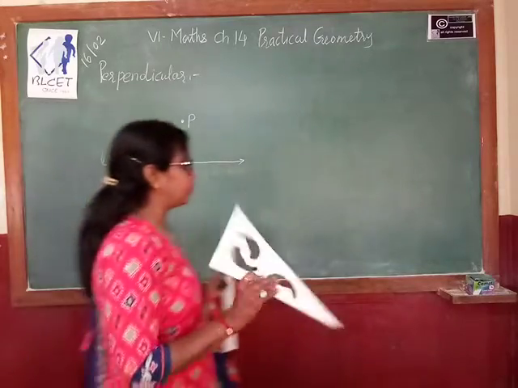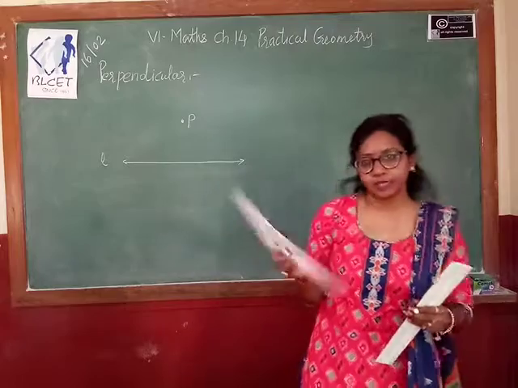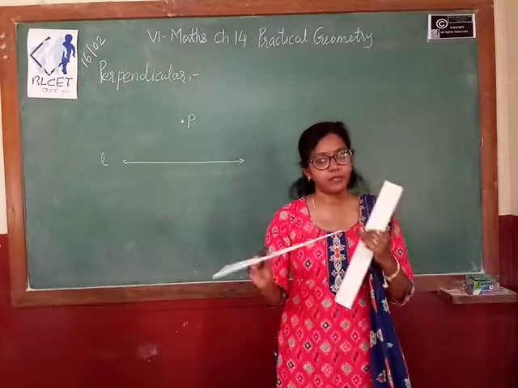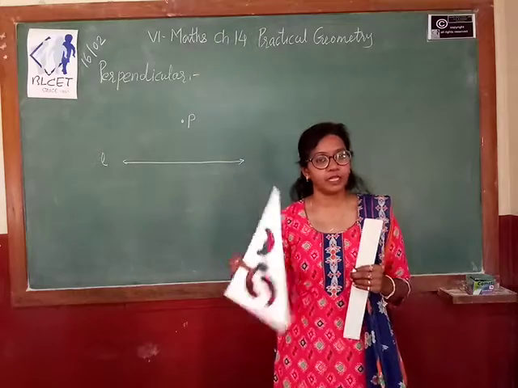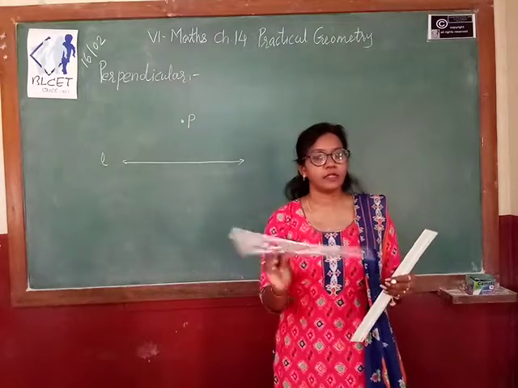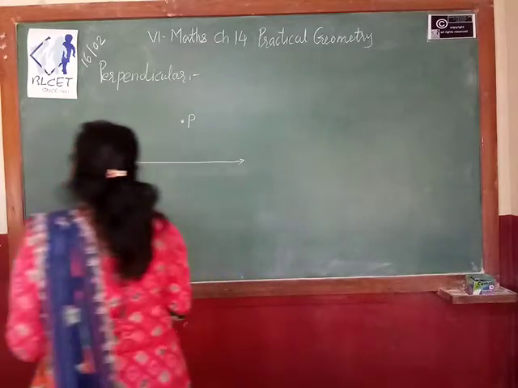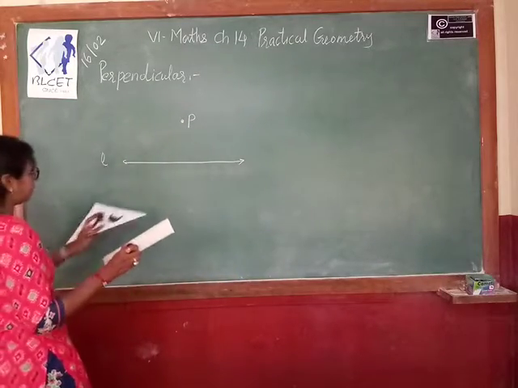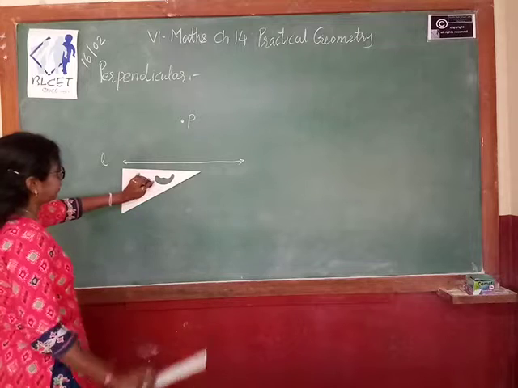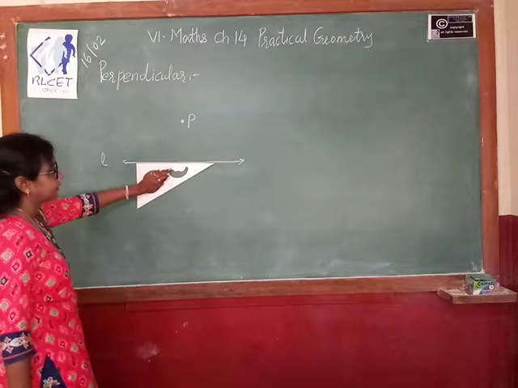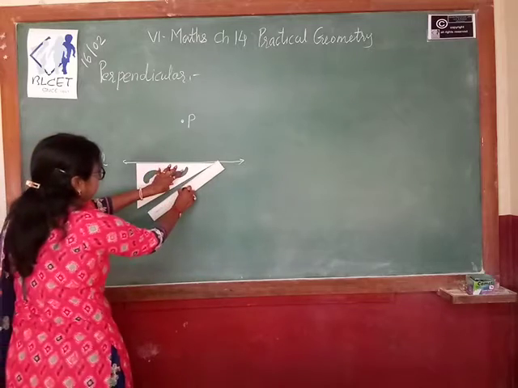Now we have to use another set square in which the right angle is there, and 30 and 60 degrees are there. Previously we have used the 45, 90 and 45 degree set square. This is the other set square. How will you do it? What we have to do? We have to keep the set square like this and your ruler like this.